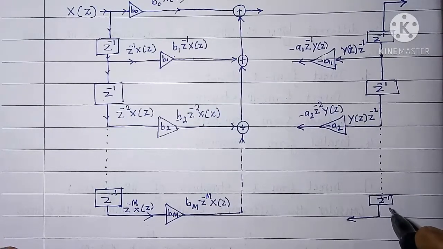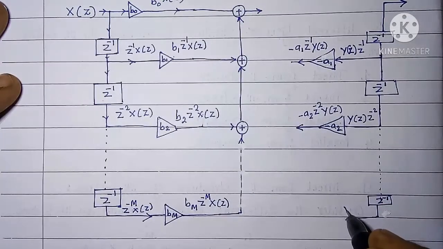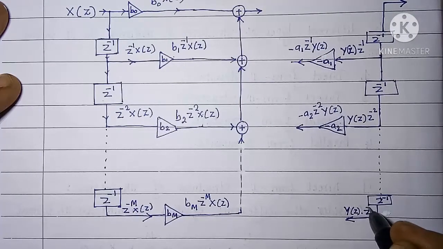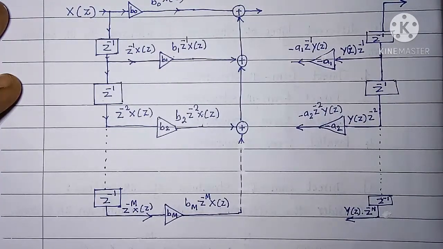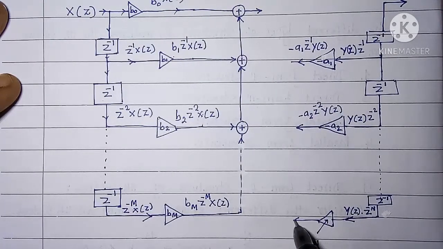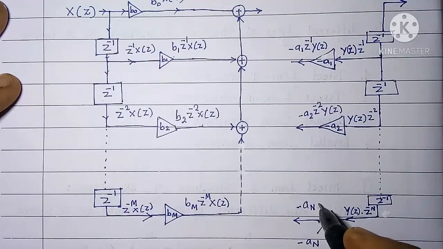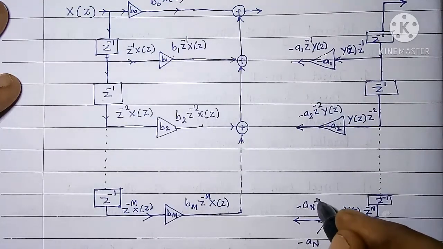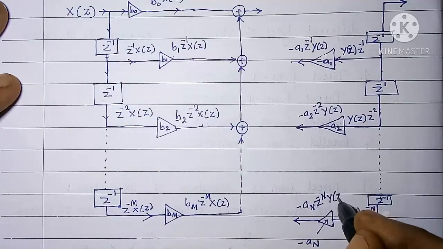Output of this delay box is y of z into z raised to minus n. Let us show here one multiplier box, and inside this we have to write minus an. Output of this box will be minus an into z raised to minus n into y of z.